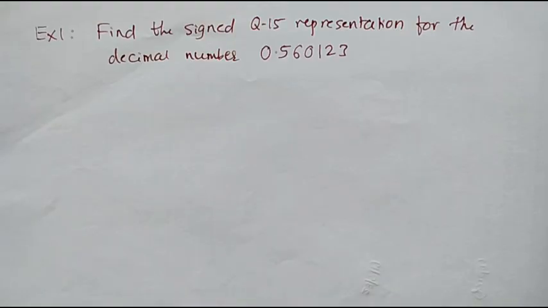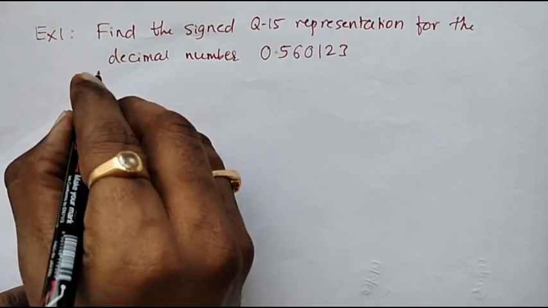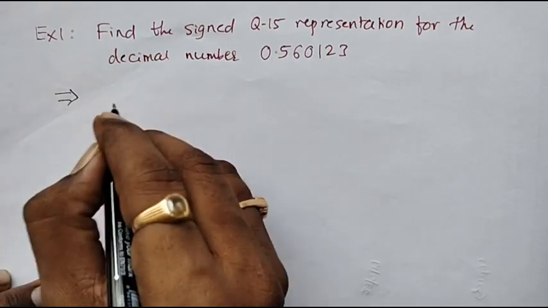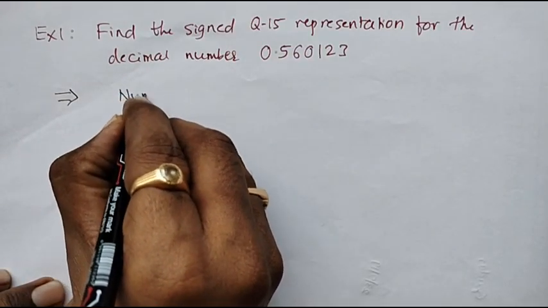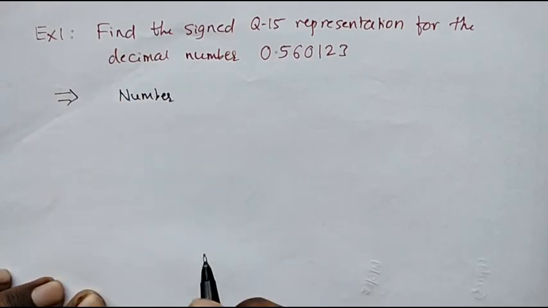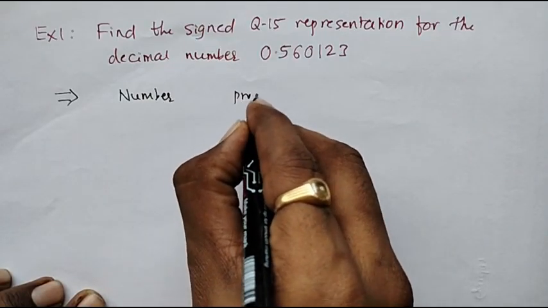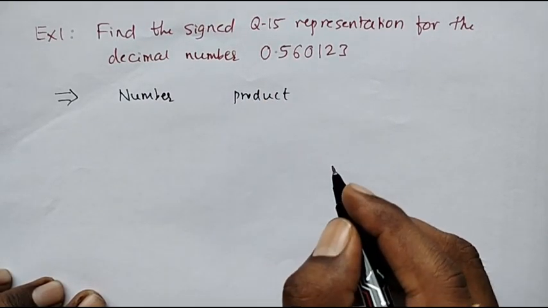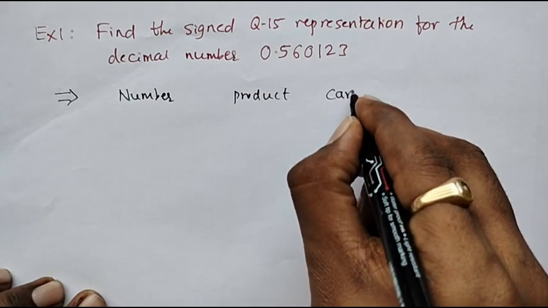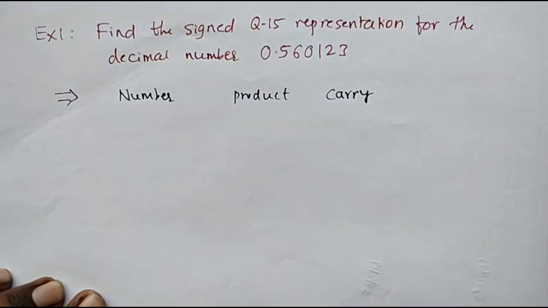Let us take one example. Find the signed Q15 representation for the decimal number 0.560123. Here, the given decimal number should be multiplied by 2 fifteen times. Let this be the number column, let this be the result column product, let this be the carry.